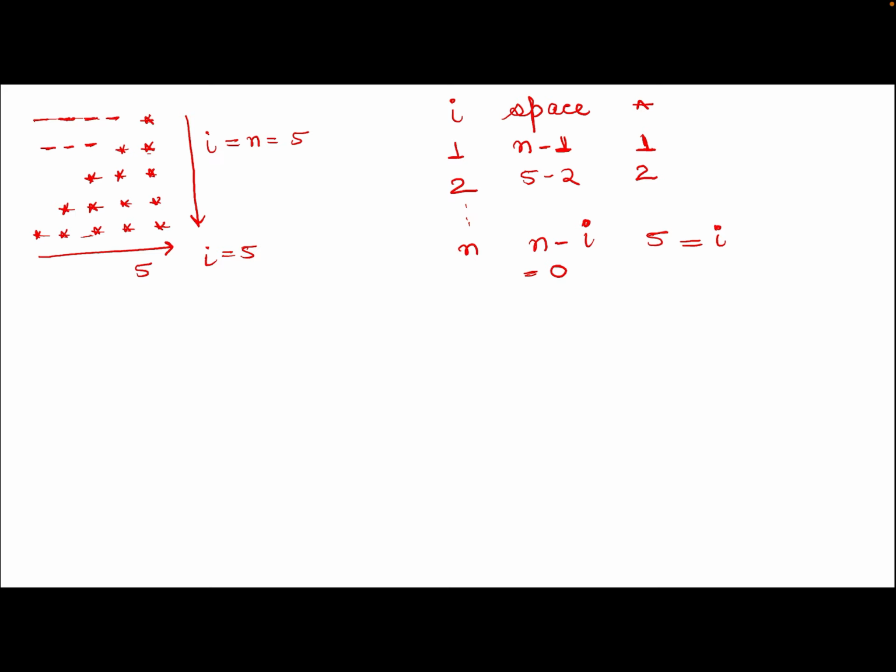Now this program can be done in 2 ways. Let's first discuss the simple one. How many times should this space be printed? n minus i times. And how many times should this star be printed? i times. So let's discuss the simple approach first.